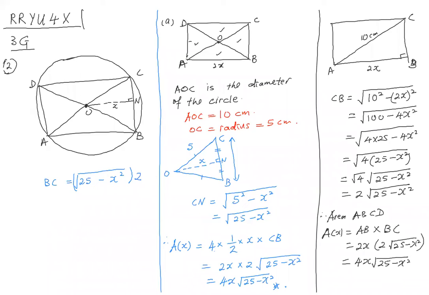I will mark you right as well. AX as 2x times square root of 100 minus 4x squared, I will give you correct also. It's fine.